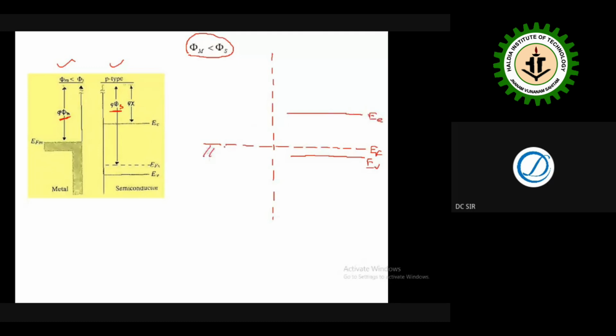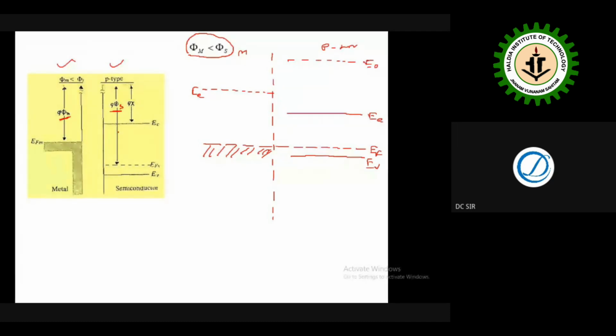This is the metal side, which is occupied, and the p-type. Above phi m there is a vacuum level, and above chi there is a vacuum level.